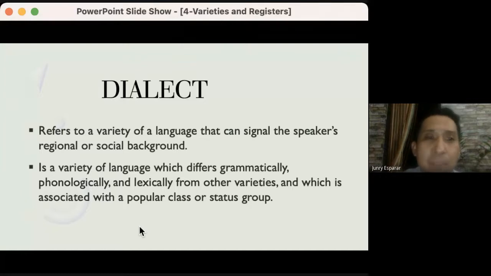Could be in grammar, could be in phonology, or in the lexicon of the language, which means that we call that a dialect. That's dialect. And it is usually associated with a popular class or status group.